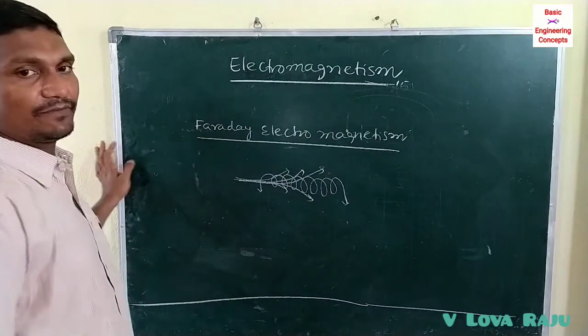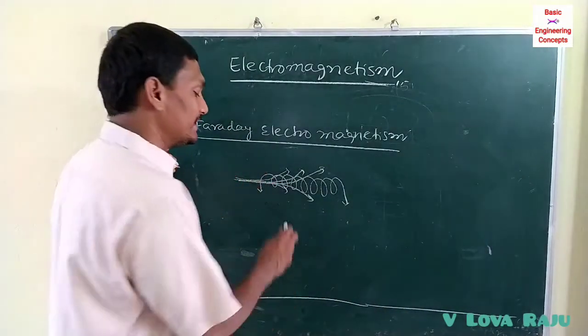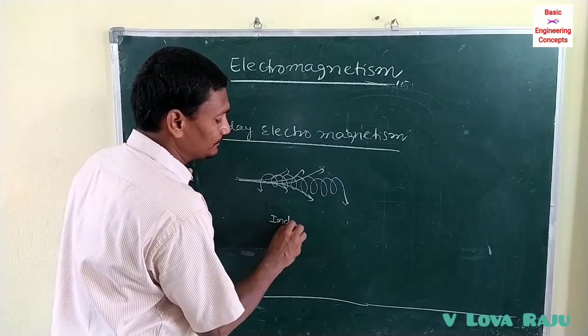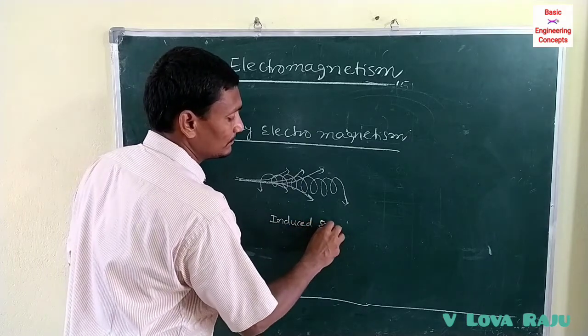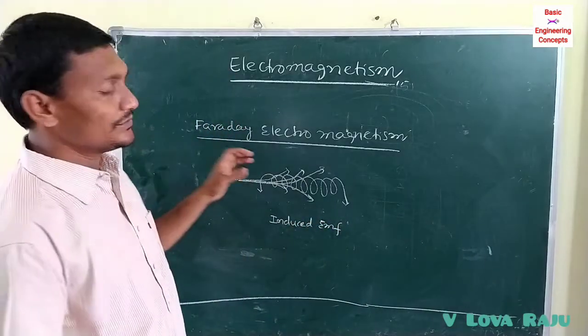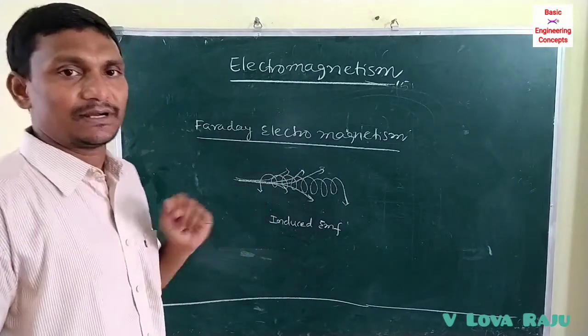The EMF induced in the coil is called the induced EMF. The current induced in that coil is called the induced current.